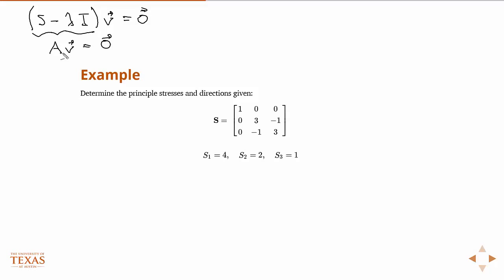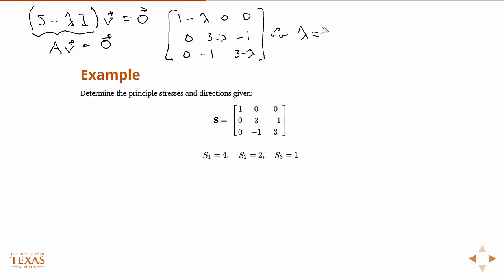All right. So this matrix, what I've written A here, right, is 1 minus lambda, 0, 0, 0, 3 minus lambda, minus 1, 0, minus 1, 3 minus lambda. Okay, so for lambda equal to 4, then we have this problem.